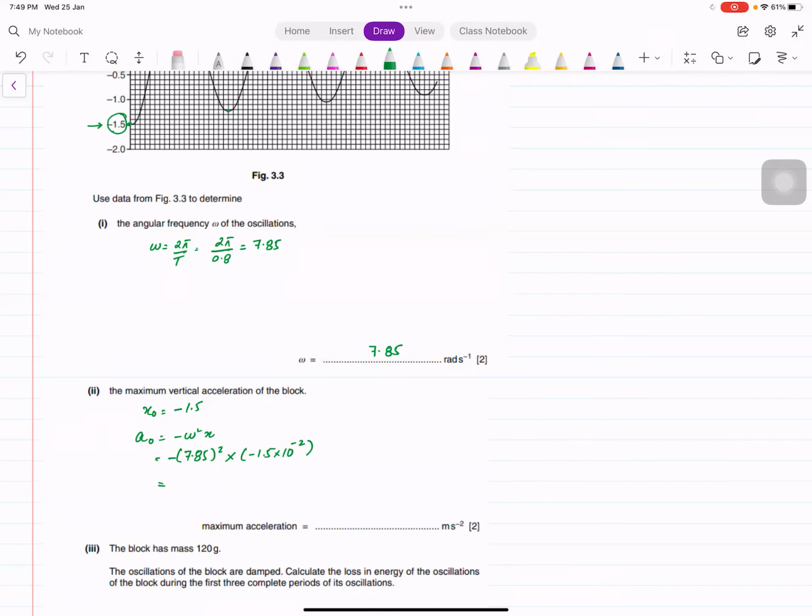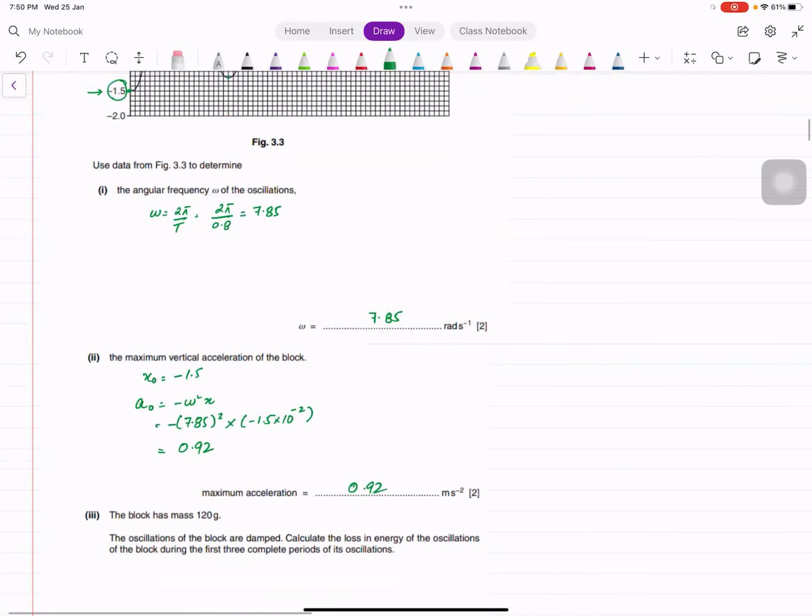Go on. If everybody solves this, Gatika will not be alone. 9.24, so that would be 9.2 then.